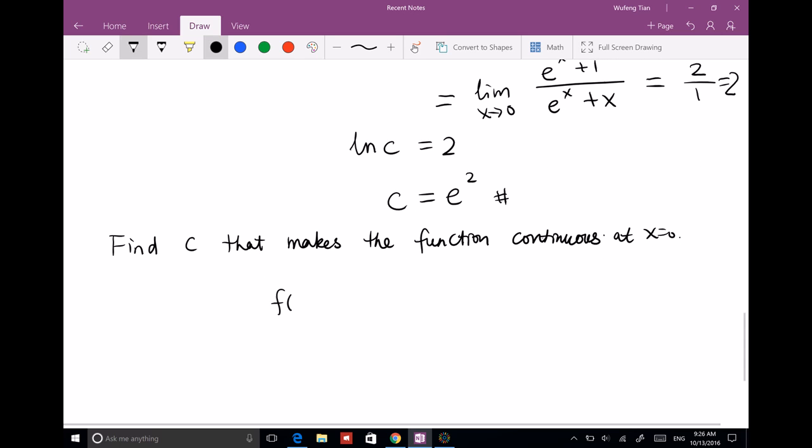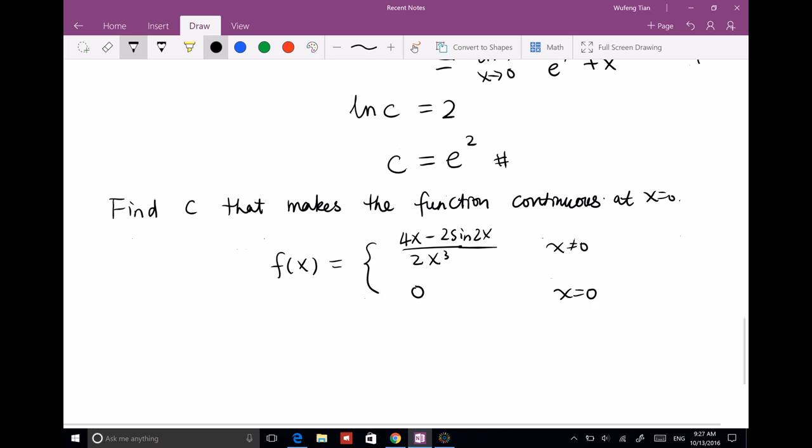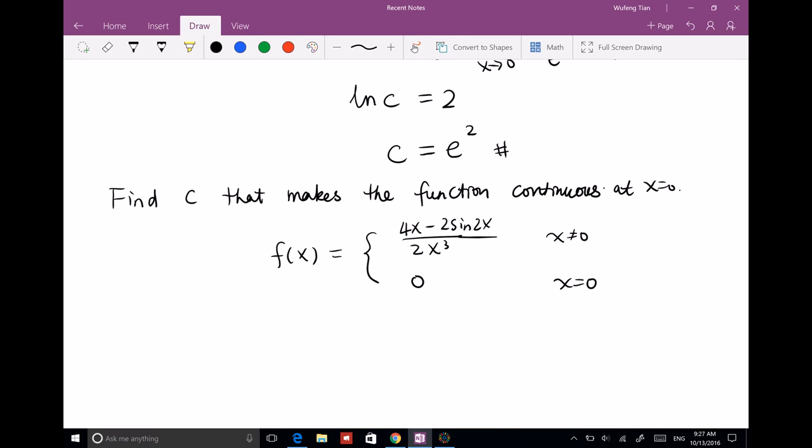The function is given: f(x) equals (2x squared) over (4x minus 2 sine 2x) for x not equal to 0, and c for x equals 0. Okay, so I'll still give you 2 minutes now to practice yourself.